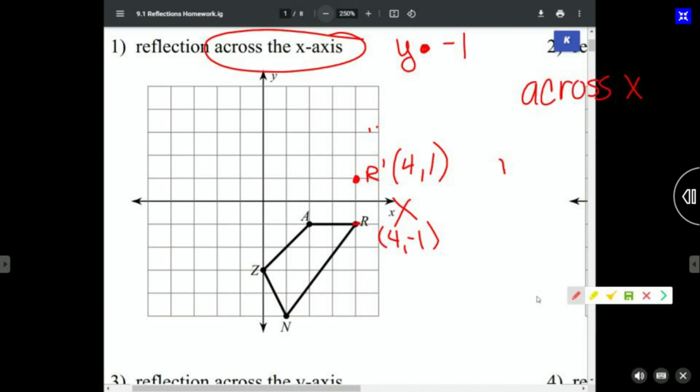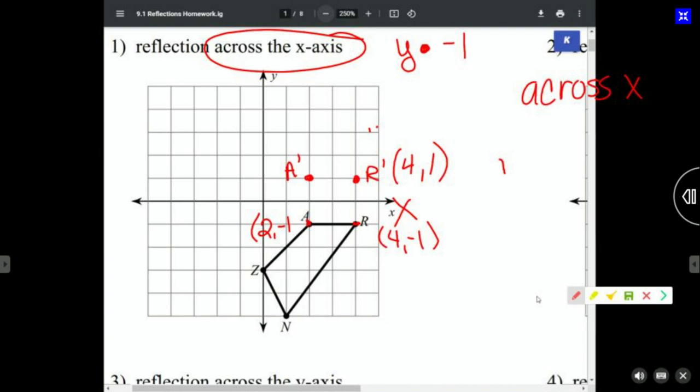What is the coordinate of A? Look at your paper. What's the coordinate of A? 2, -1. If I flip this coordinate right across, my A prime is going to be right there.